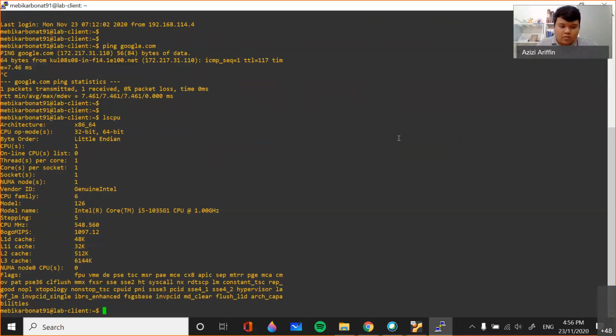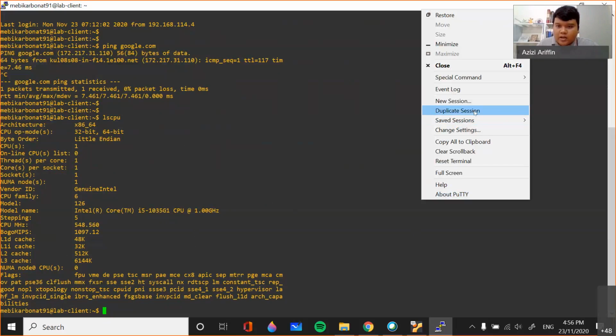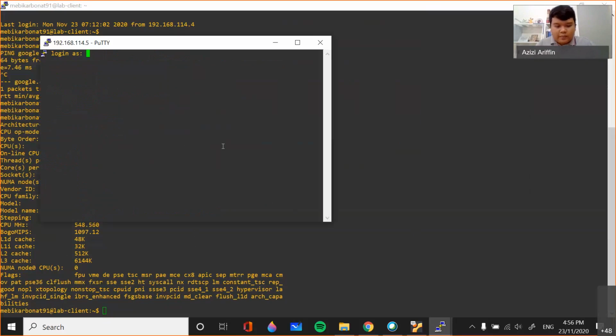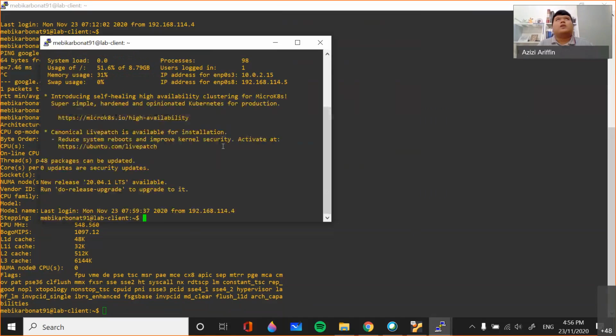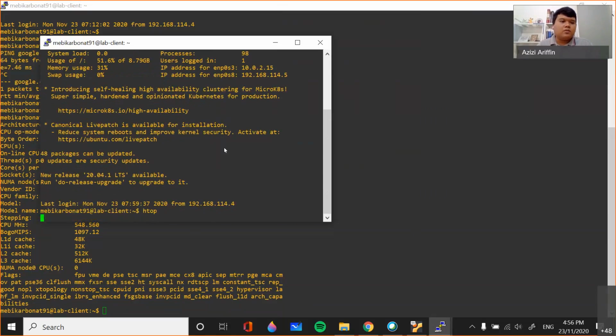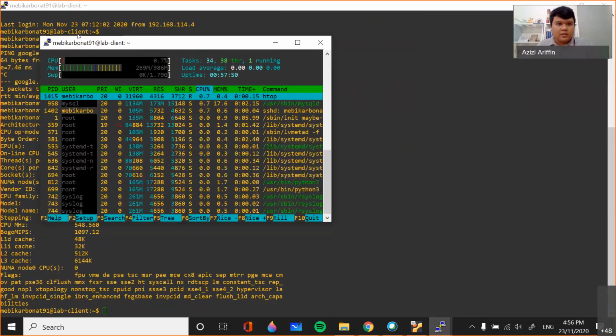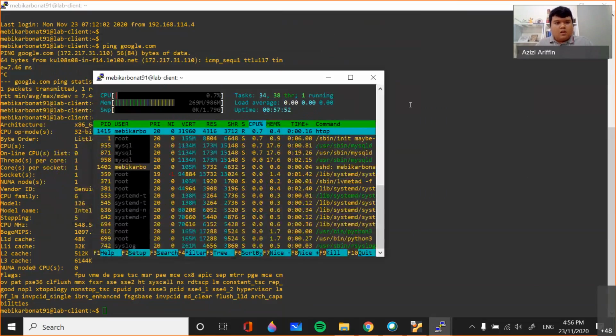Okay. So let me fire up another one supaya kita boleh tengok real time CPU utilization. Kalau kat Linux dia ada what we call as htop.